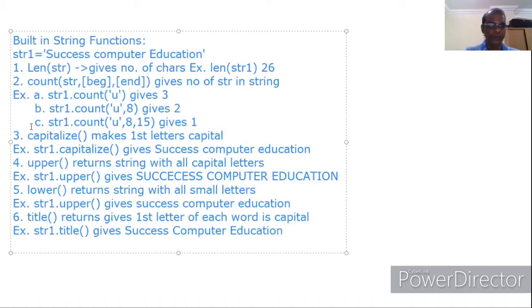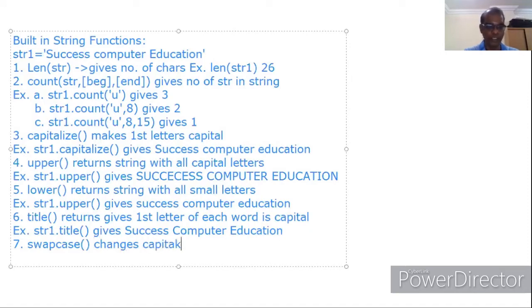Capitalize means only the first letter is capital, and everything else will be small letter. Title means in each and every word the first letter will be capital. Seventh function, swapcase. It's also very simple. Changes capital letter into small letter.